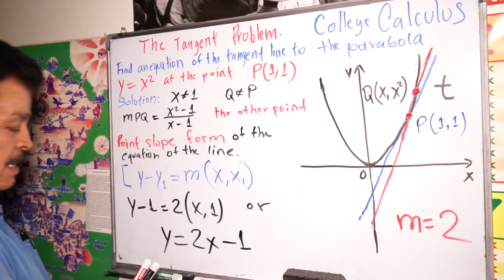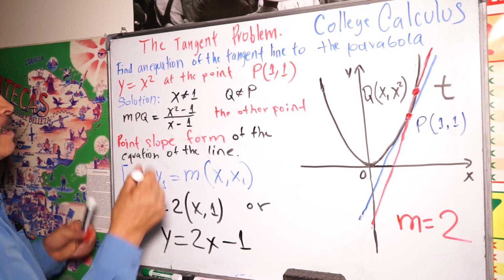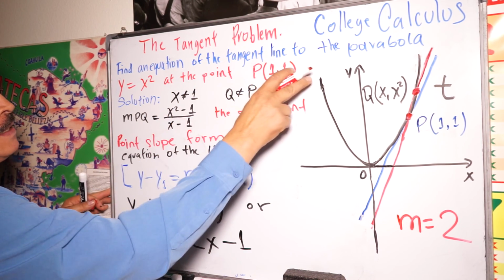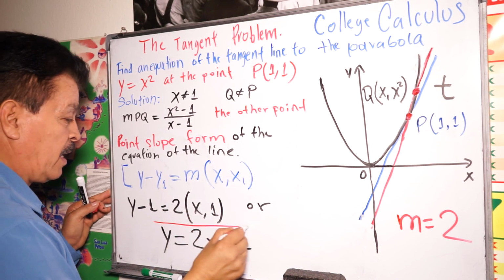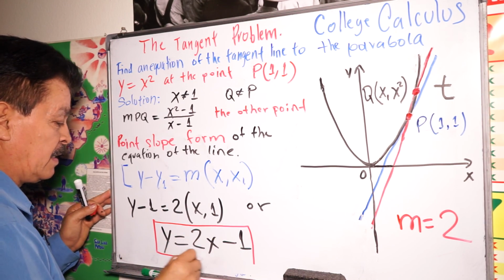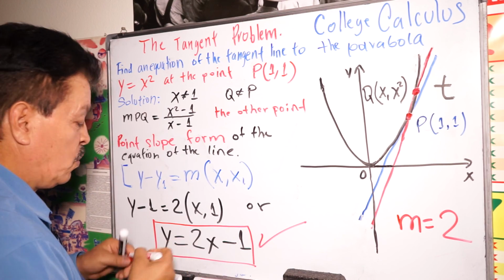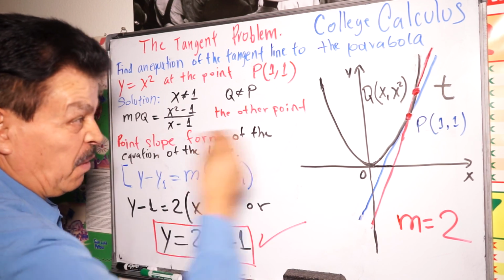This is the equation of the tangent line to the parabola that we have here in this graph. This is our solution to this problem.